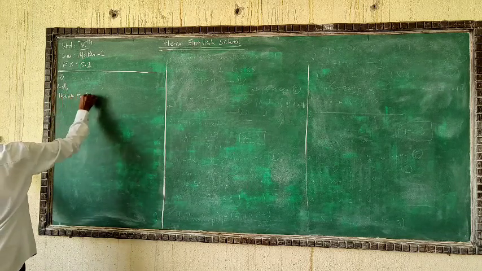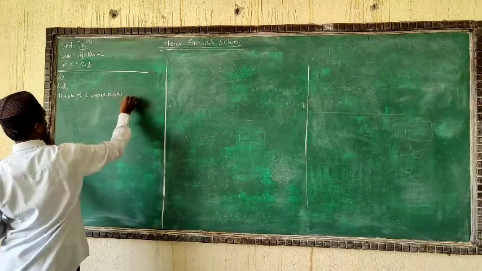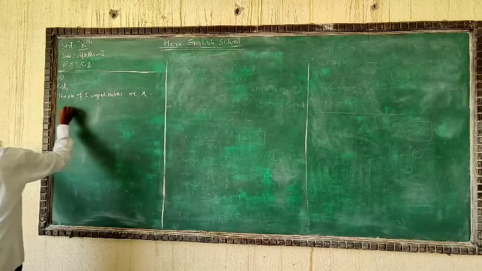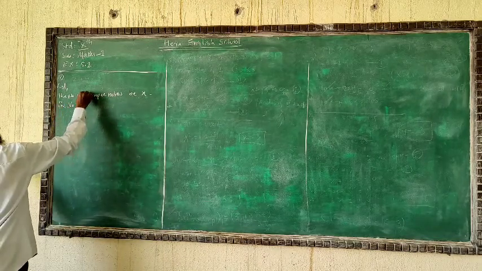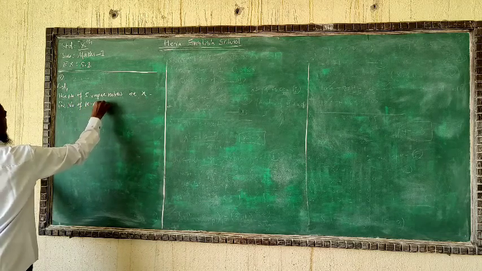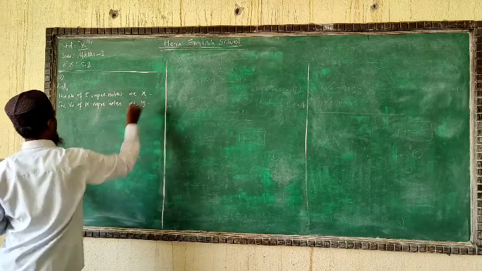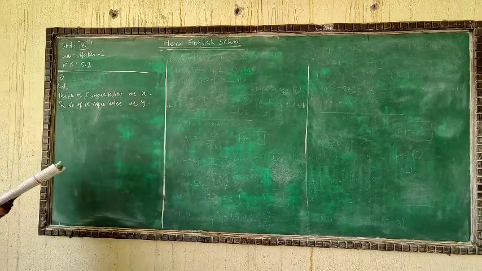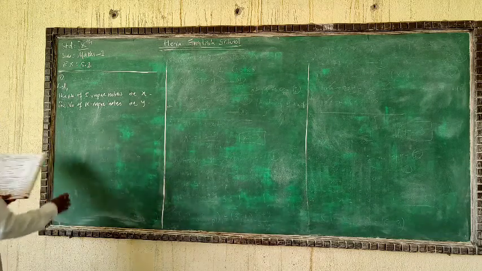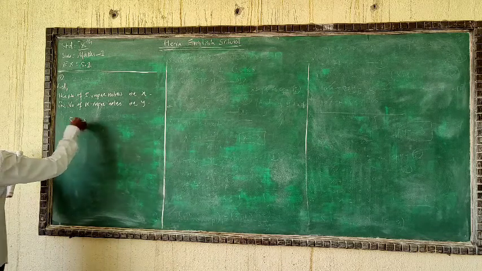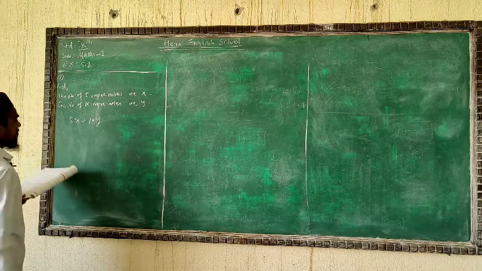number of 5 rupee notes be X and the number of 10 rupee notes be Y. Therefore, we are given in the question the total amount. 5 rupee notes means 5x is the total amount with the 5 rupees, and 10y is the total amount of the 10 rupees.